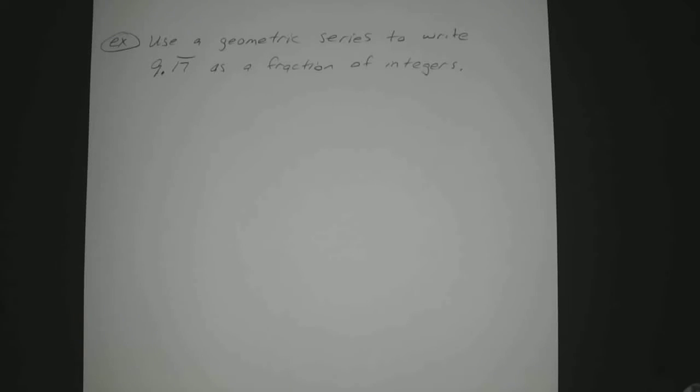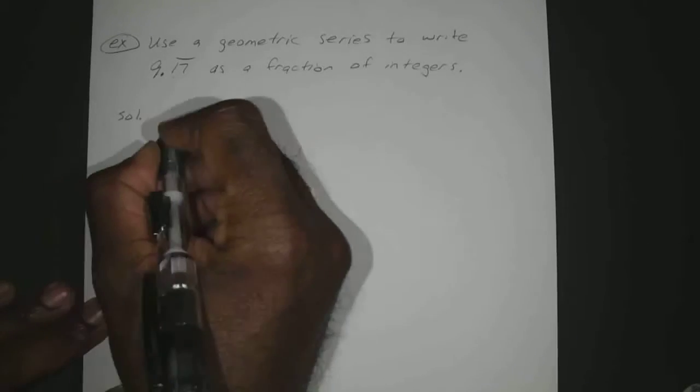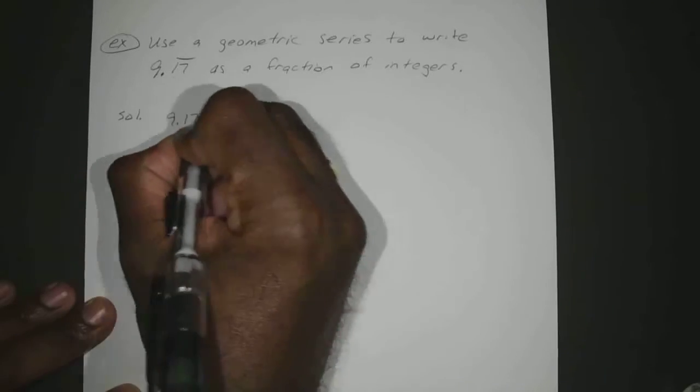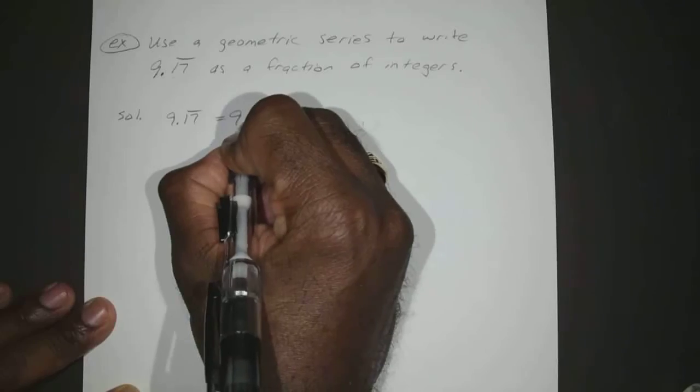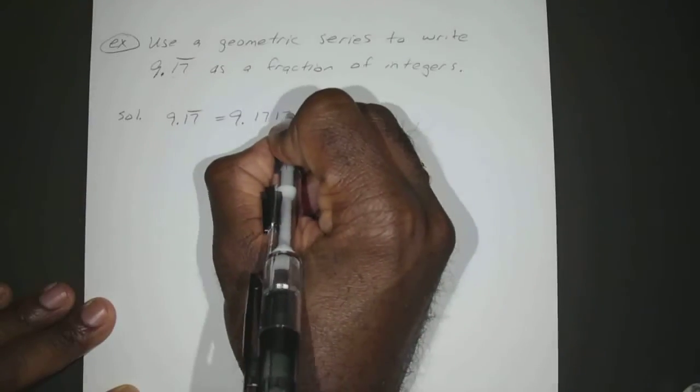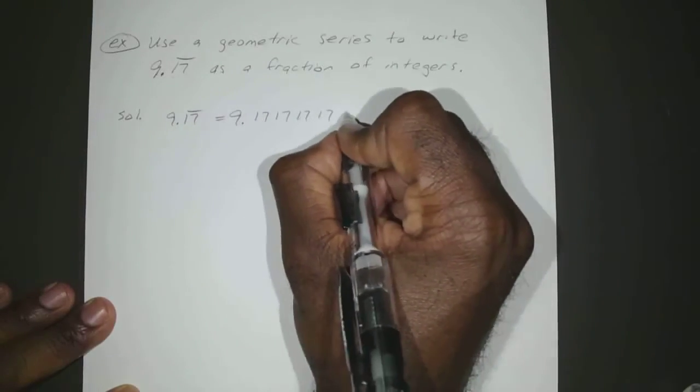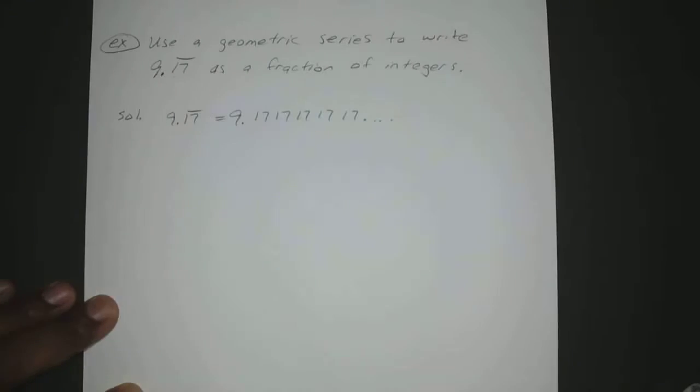Okay. So whenever you have a decimal with a repeating portion, 9.17 with the bar over it just means that the 17 repeats over and over and over. 17, 17, 17, 17, and it goes on like that forever.